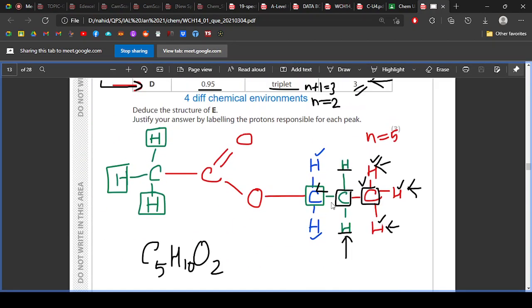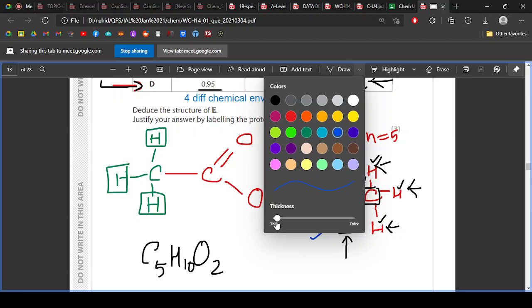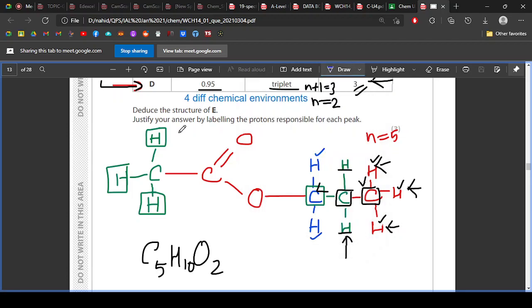Just coming back to this structure. How many different chemical environments are there? Can you tell me? One carbon has three hydrogens and the other has two hydrogens attached to it. Yes, but do you think these hydrogens and these hydrogens have the same environment?